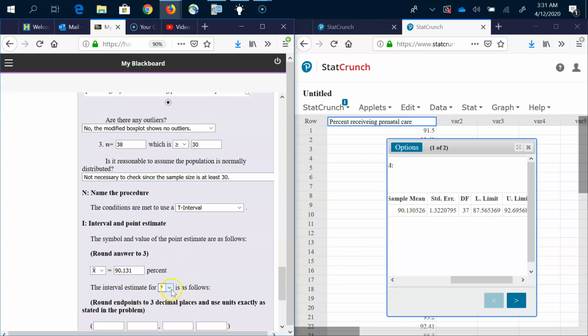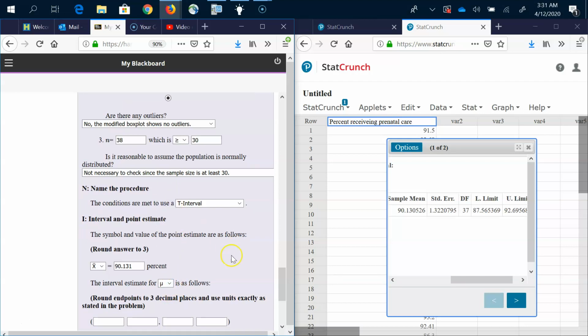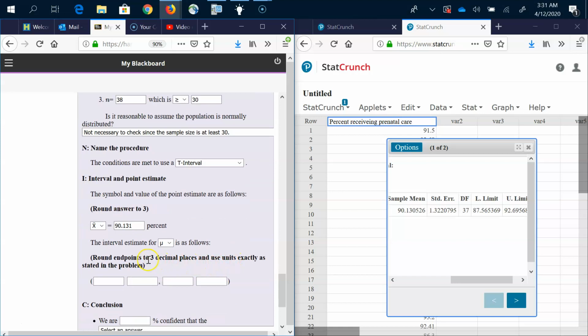The interval estimate for the population mean is, and it wants to round the endpoints to 3 decimal places and use units exactly as stated in the problem. So I'll first put in the numbers here, 87.565.